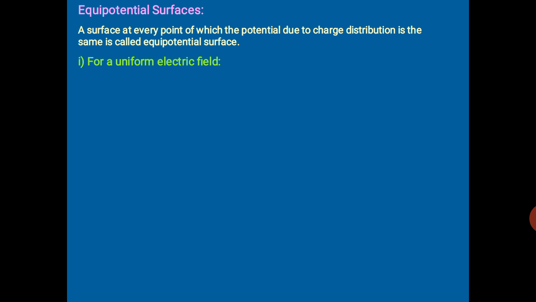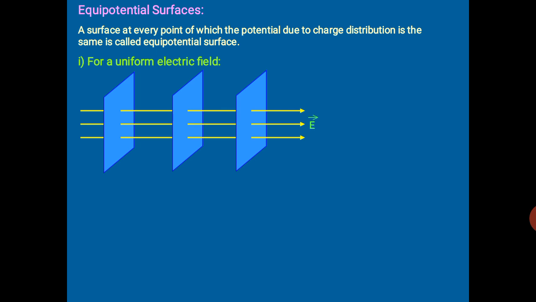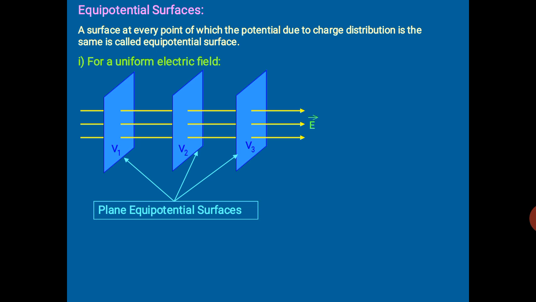Okay, see, for a uniform electric field, this one is the uniform electric field, the field is uniform. You can take different planes, the potential on each plane is same.